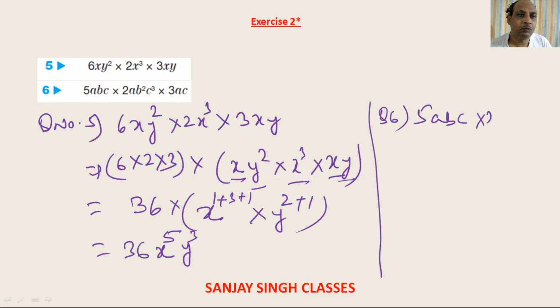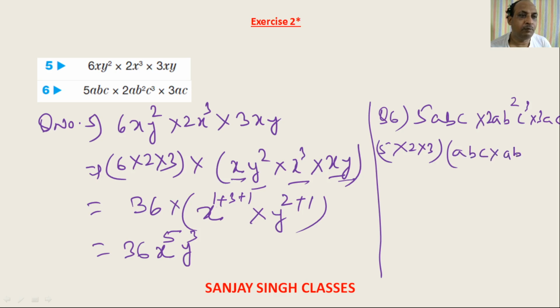Question 6. 5abc into 2ab square c cube into 3ac. Now 5 into 2 into 3, then abc into ab square c cube into ac. This is giving us 5 2 are 10, 3 are 30, so 30. Now a to the power, from here 1 is coming, plus from here again 1, and from here again 1.